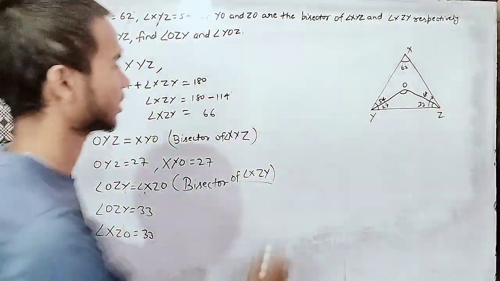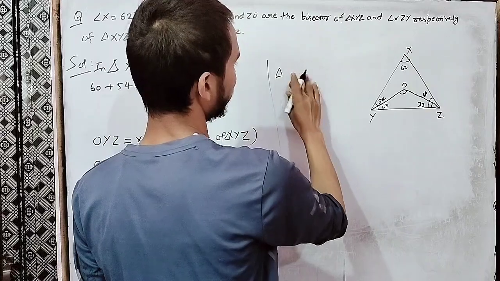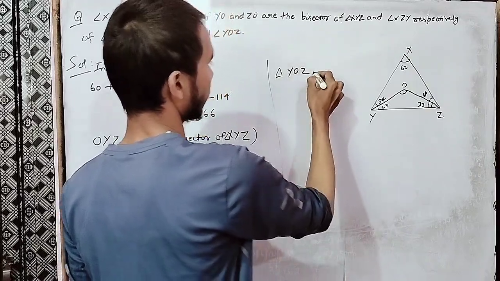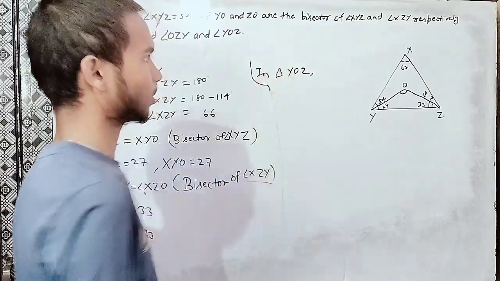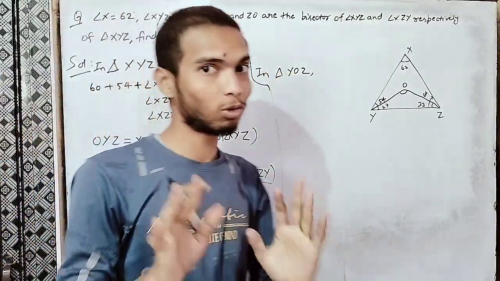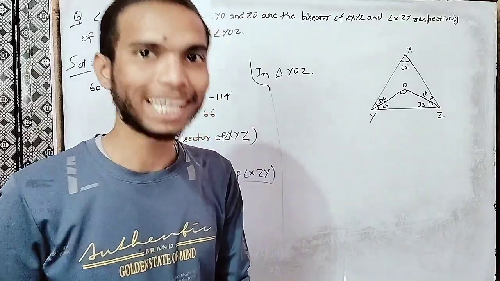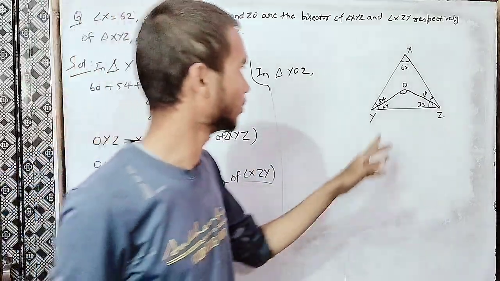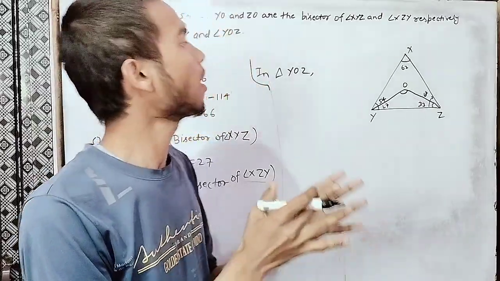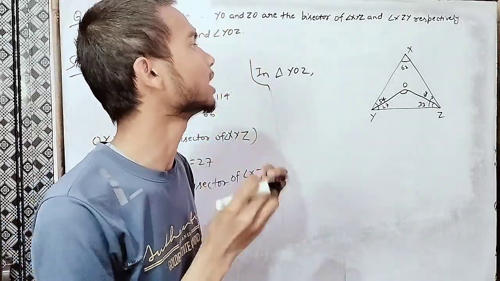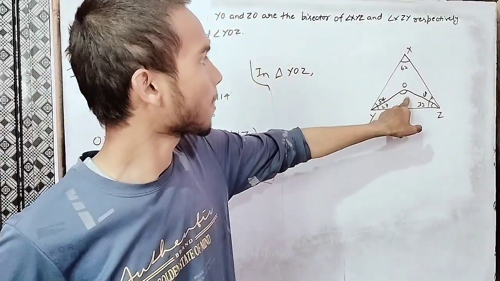We have triangle YOZ. We already have two interior angles, 27 and 33, so we can find the value of this angle.